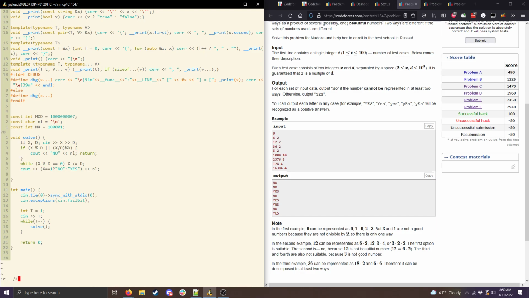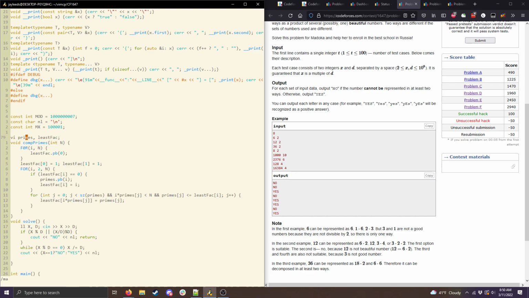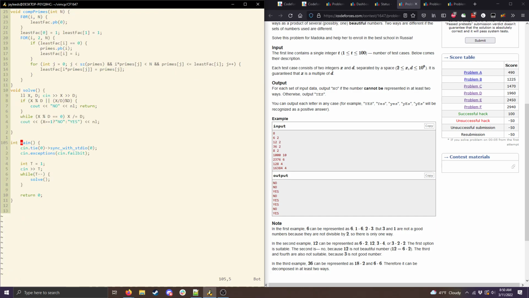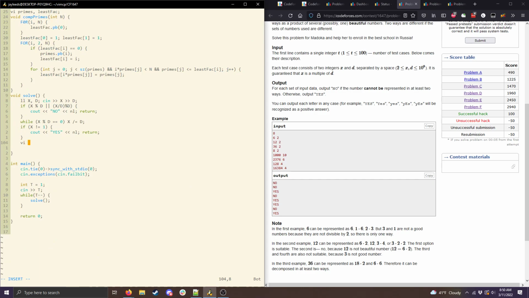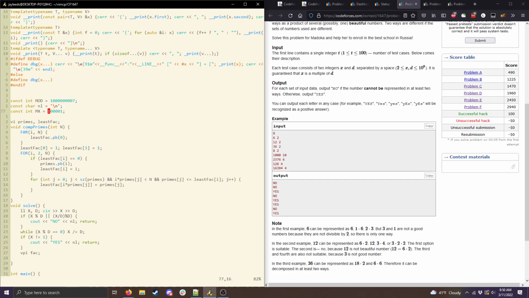Okay, let's get the sieve ready and let's factor D. So if D is, here. Let's see, what's the square root of 10 to the 9? Okay, we just need 32,000.